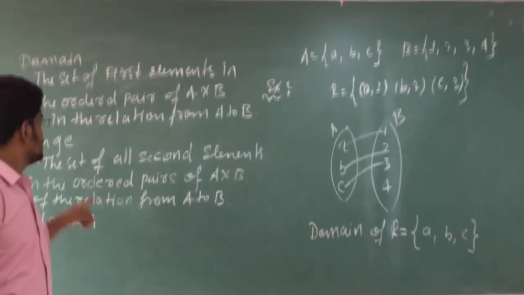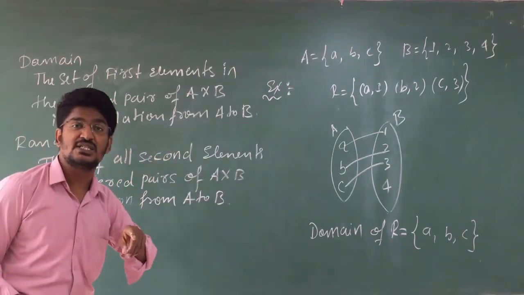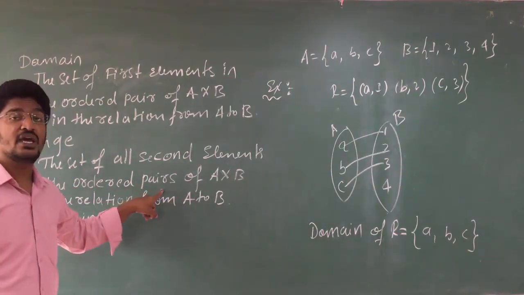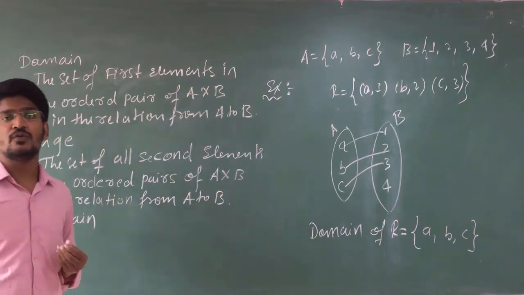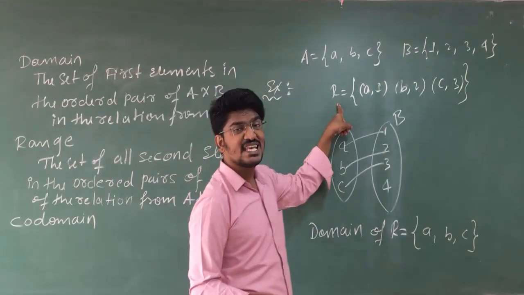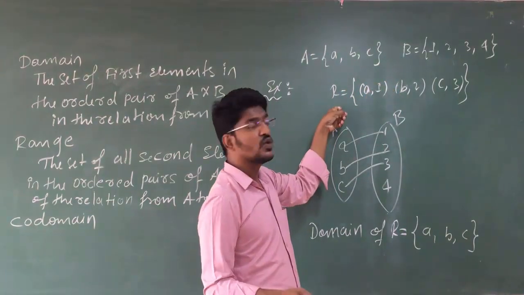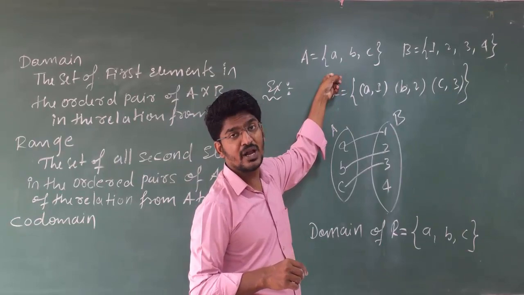Clear? See what they tell in the range: the set of all second elements in the ordered pairs of A cross B of the relation from A to B. Already there is a relation for this A and B. Clear? This R is going to be a subset of A cross B, for this Cartesian product. Okay.